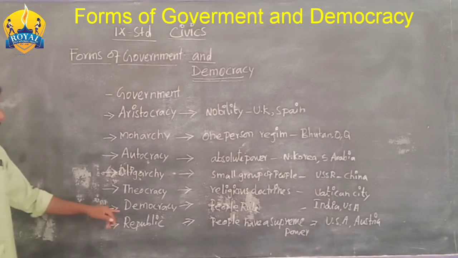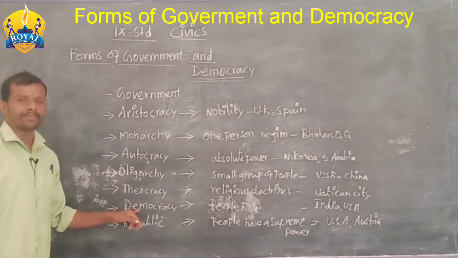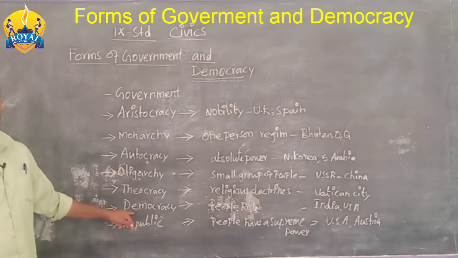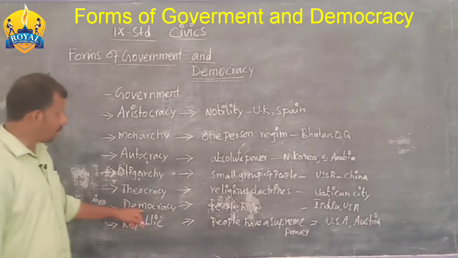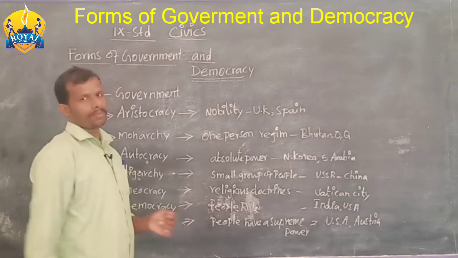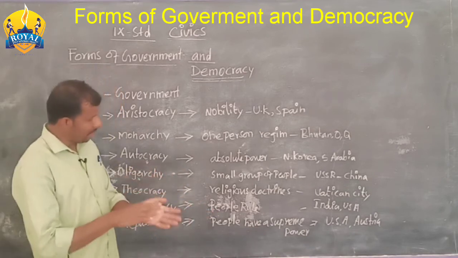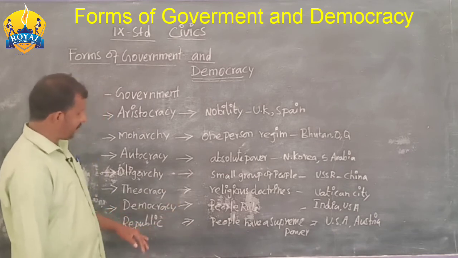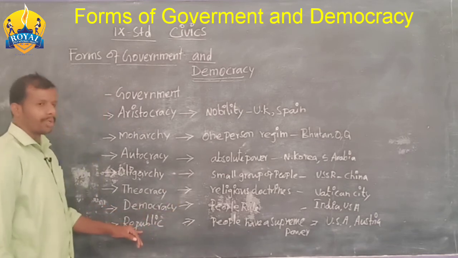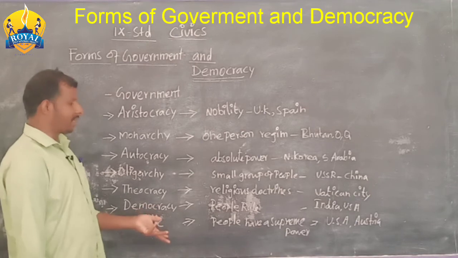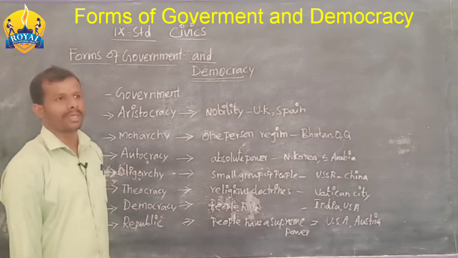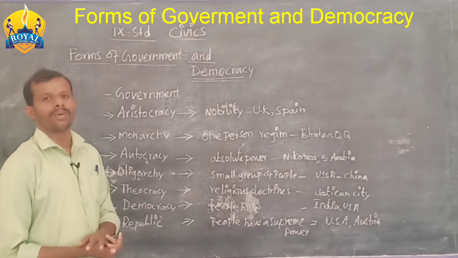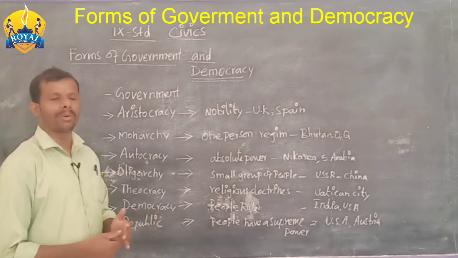The next form of government is democracy. Democracy means people rule. People are the rulers as well as the ruled. Okay, we will discuss it in detail. Just now we skip democracy and discuss the republic. Republic, what do you mean by republic? Yes, we celebrate January 26 every year as Republic Day. What is a republic?